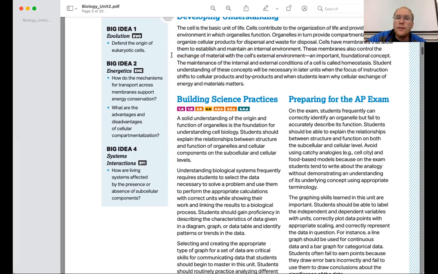The maintenance of the conditions is called homeostasis. There are many definitions for homeostasis in this class, but at a cellular level, for this unit, our definition is the maintenance of the right conditions to keep a cell healthy.